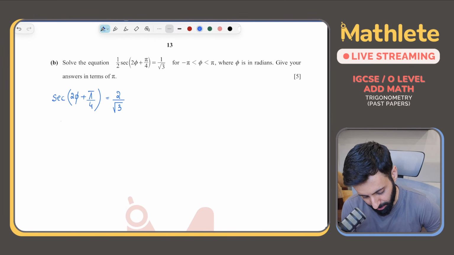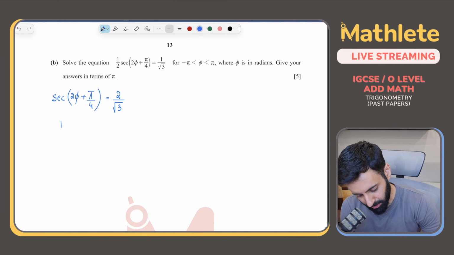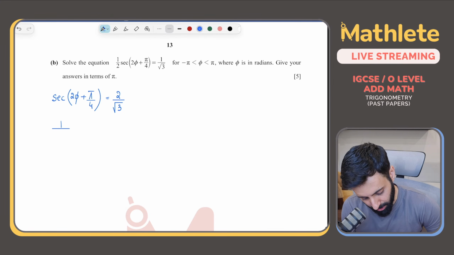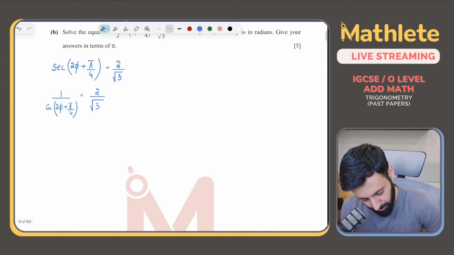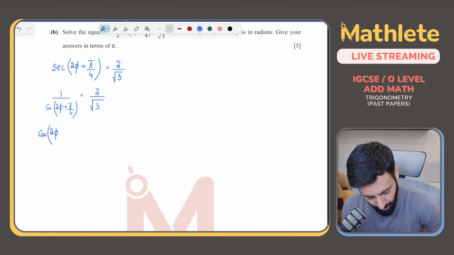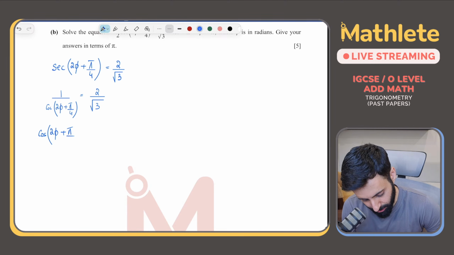We don't have it in our calculator, so we'll take the reciprocal. That means 1 upon cos(2 phi plus pi upon 4) equals 2 upon root 3. So cos(2 phi plus pi upon 4) equals root 3 upon 2.